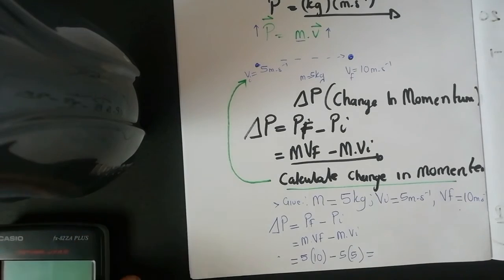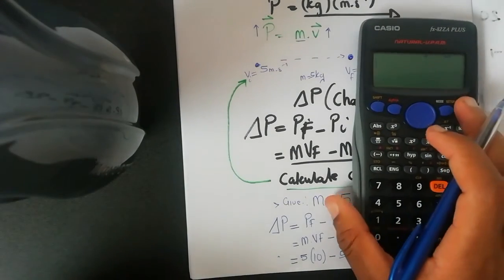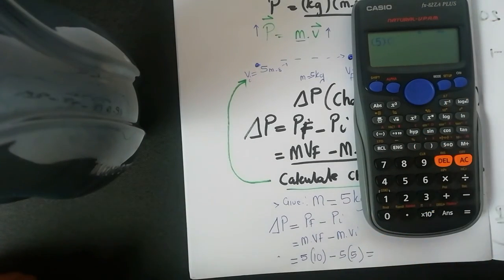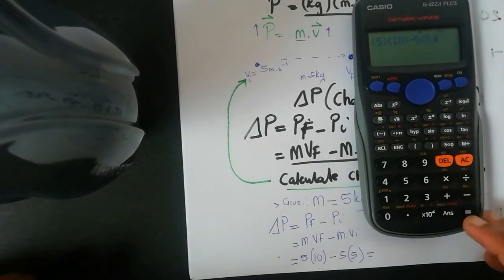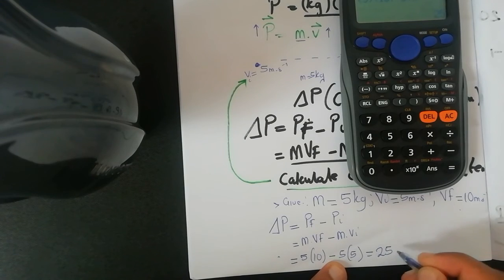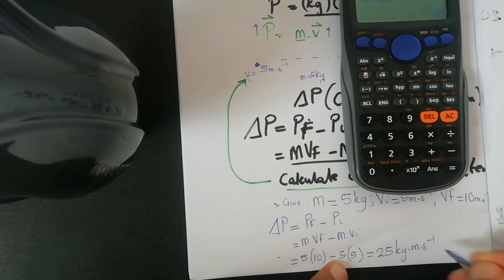You go on your calculator: 5 times 10 minus 5 times 5, 25. So you'll have 25 kilogram meters per second.